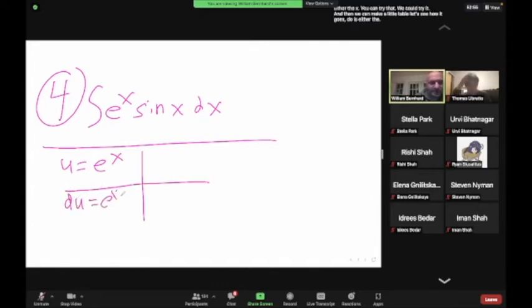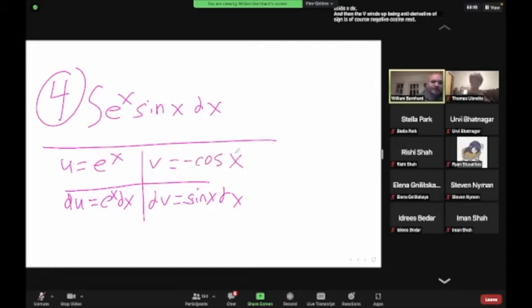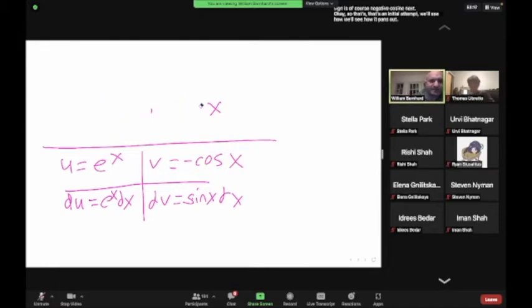du is e to the x dx. And then, of course, the u, du, and the v, dv. dv is sine x dx. And then the v winds up being the antiderivative of sine, which is, of course, negative cosine x. Okay, so that's an initial attempt. We'll see how it pans out. So it winds up being here: integral, and watch how I write this.